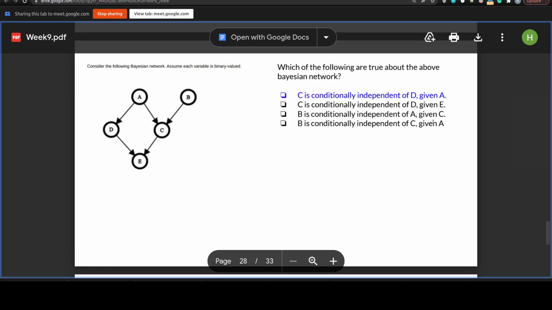And then the other thing is P of B and C given A. B is conditionally independent of C given A, but actually it's influencing C, so this you cannot write. So this is the correct answer.